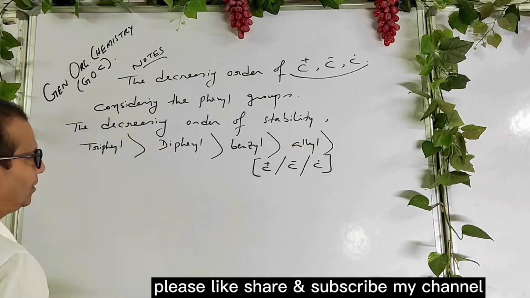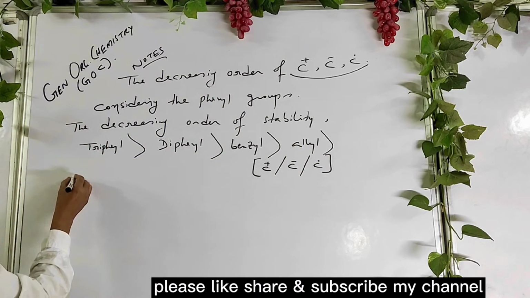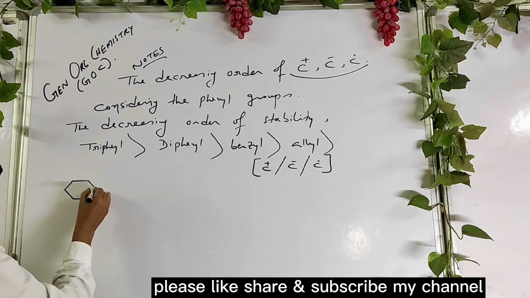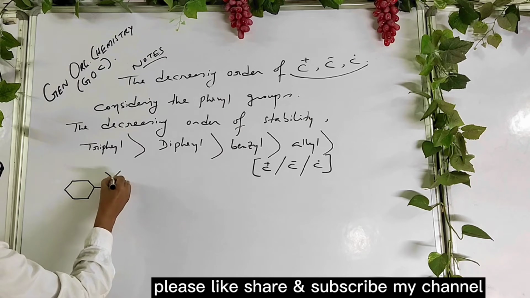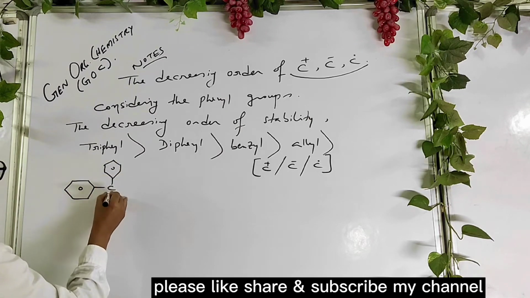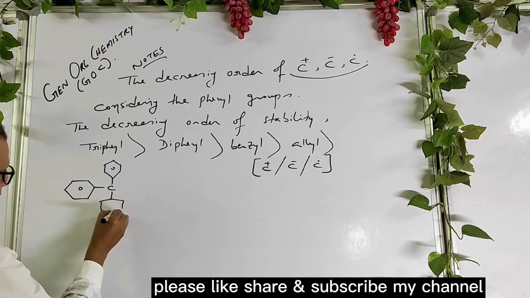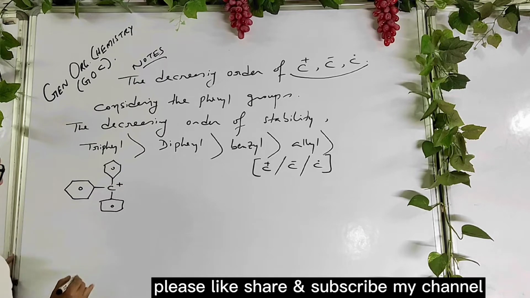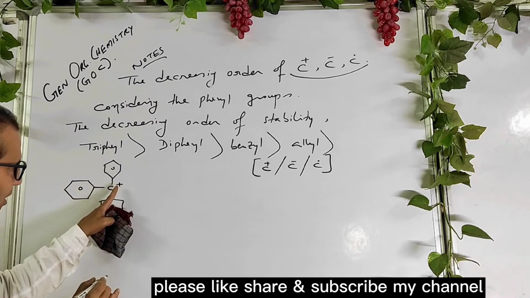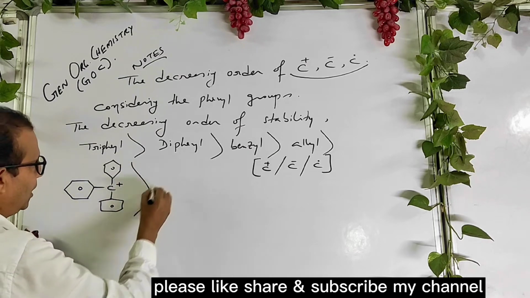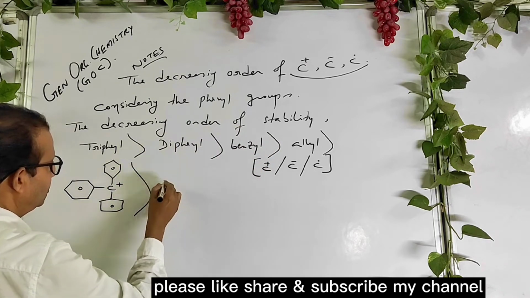Everywhere the stability order is followed. This is triphenyl: if the carbon which carries positive charge or negative charge or free radical contains 3 benzene rings, that's called triphenyl. So triphenyl carbocation is more stable. It may be carbocation, free radical or carbanion. Everywhere the same rule is followed.